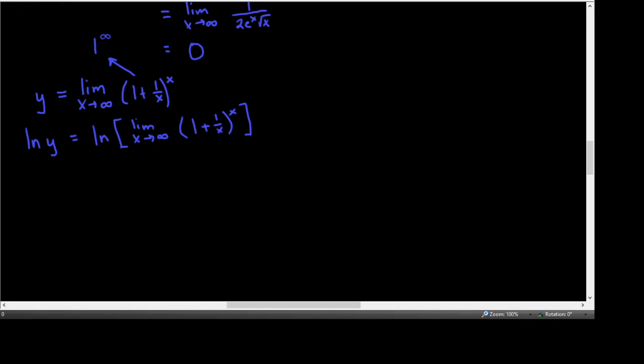Now, we have a limit property, and it works for infinity as well as for any constant a, that says if we have the limit of a composition of two functions, that's equal to the outer function evaluated at the limit as x approaches a of the inside function. That limit can be taken inside of the outer function part. And because that's true, it's also reversible.